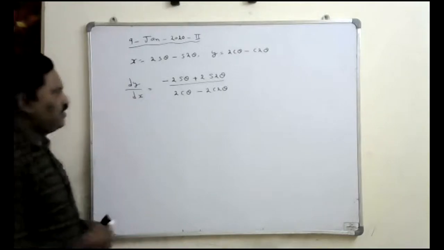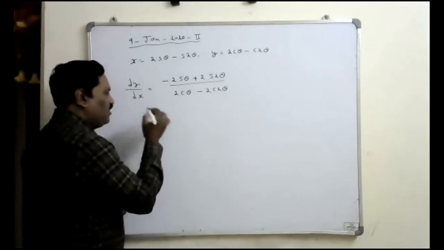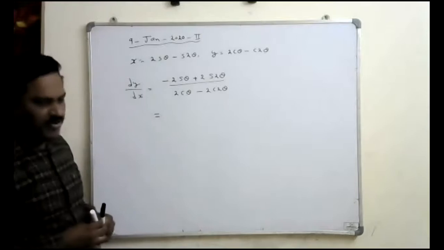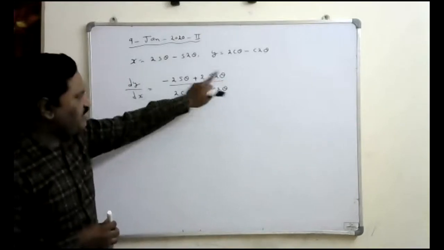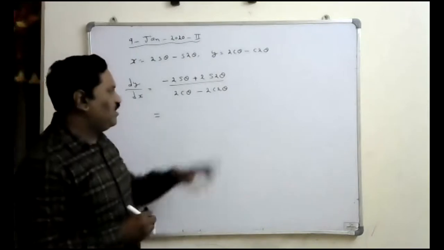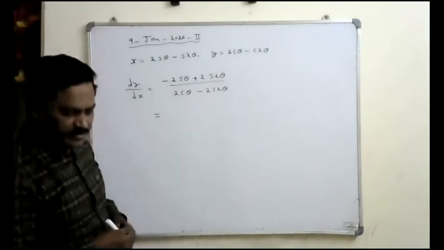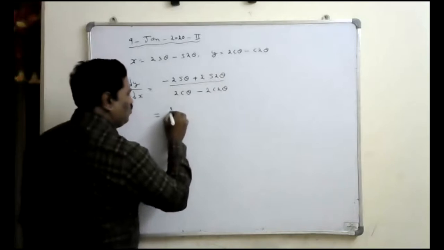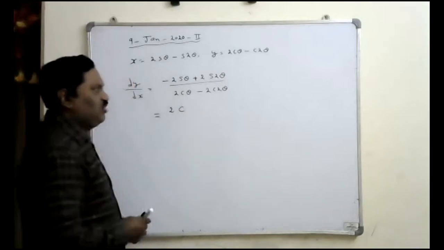Now from the numerator and denominator we can take the 2 common, the 2 is getting cancelled. If you observe the numerator, it is in the form of sin c minus sin d. You will apply the transformation formula in the numerator, sin c minus sin d, which is 2 cos (c plus d) by 2.